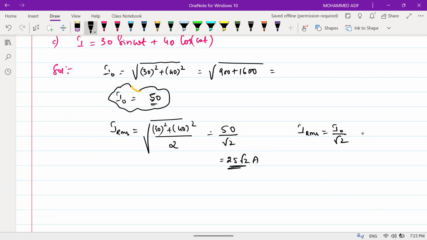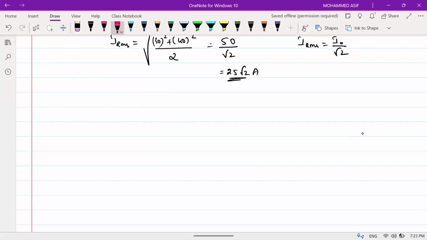So how much is this total? 2500. 5 5s are 25, so it is the square root of 50 whole square. Yes, sir. Got it?